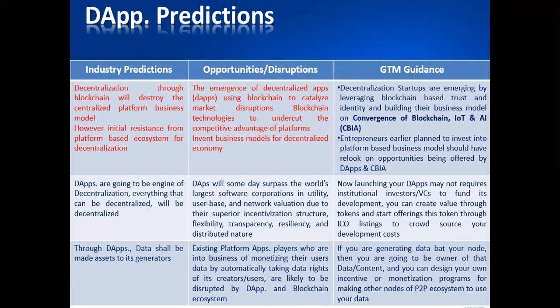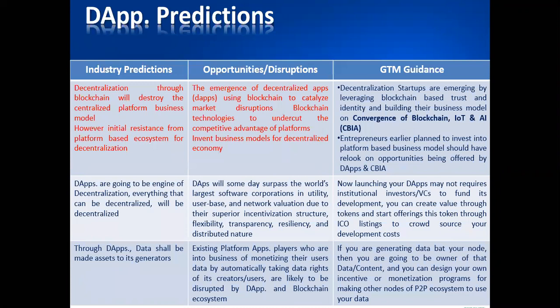You are not aligning with the exact focal point. So my GTM guidance is that even if you are doing a blockchain project, remember how to marry it with IoT, and how to marry it with an artificial intelligence and machine learning kind of environment. That's one GTM guidance which is very important.